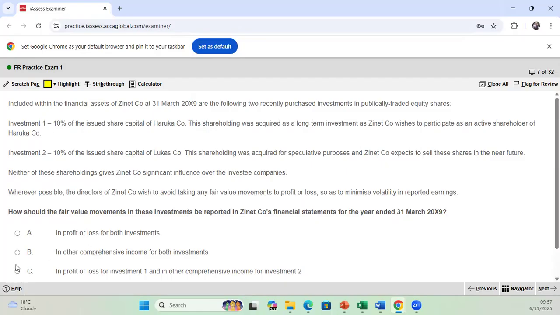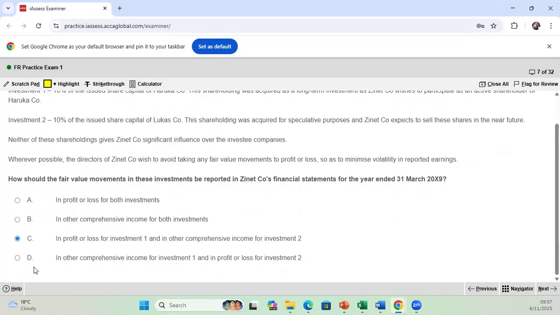For the first one, the gain goes to OCI, the other one, the gain goes to the income statement. So the first one is fair value through other comprehensive income, then the other one is fair value through profit and loss.